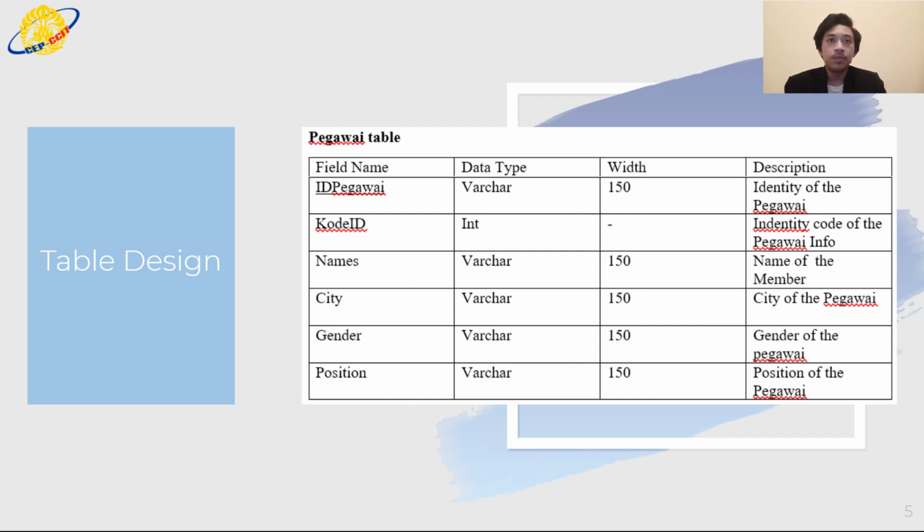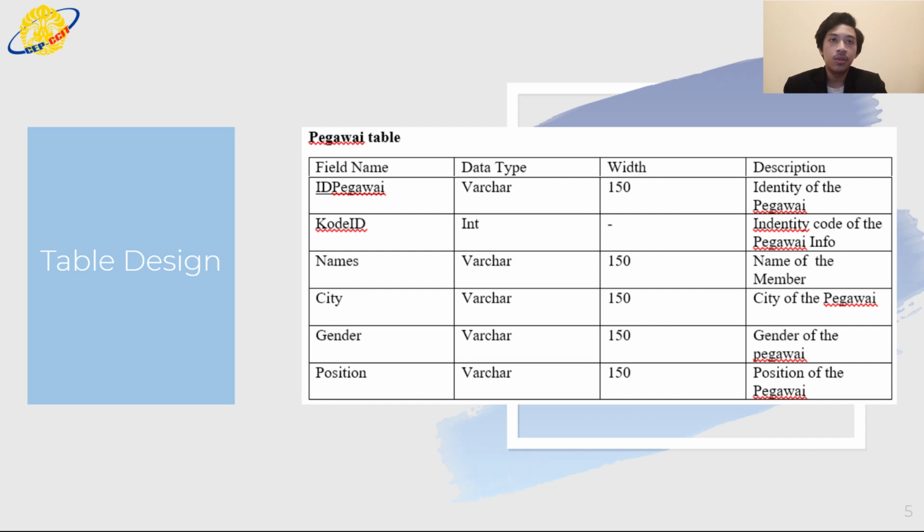This column describes code ID of pegawai. Then third column is names with varchar data type. Describe the names of pegawai.